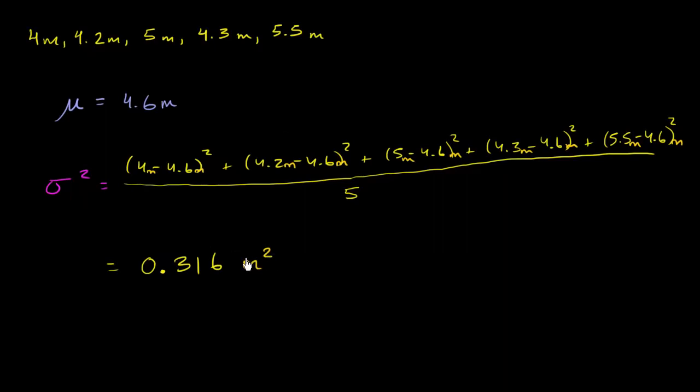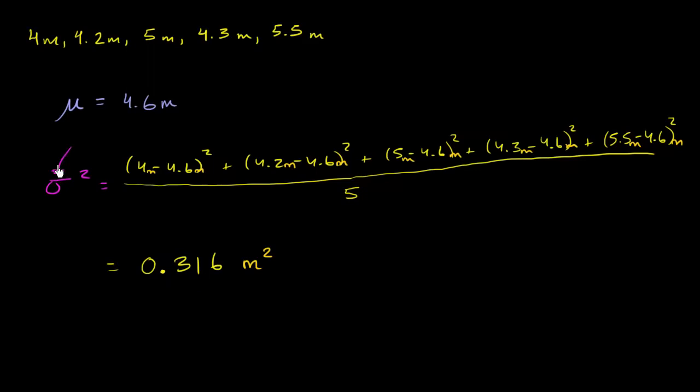And so you might say, hey, that's kind of a weird unit if we're trying to visualize or think about how dispersed we are from the mean. When I visualize dispersion, or how varied they are, I visualize it in terms of meters, not meters squared. So what could we do? A big hint comes out of just the notation for variance. It's this sigma symbol squared.